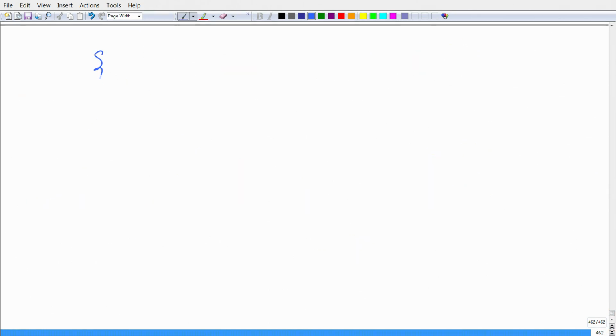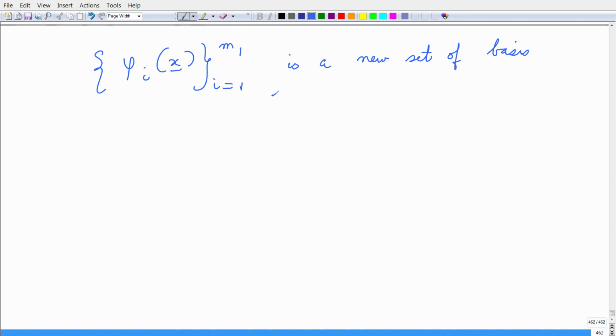Now my phi_i(x) for all these points i equals 1 to M1 is a new set of basis functions, and of course it is a basis function, therefore it has to be linearly independent.